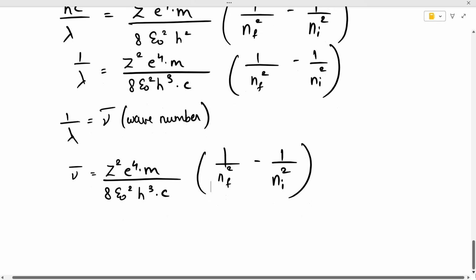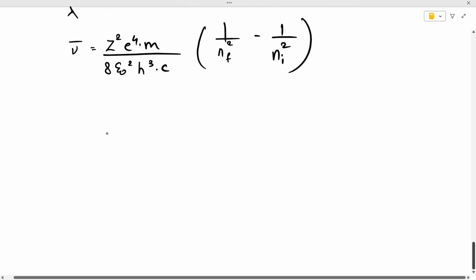Then this thing, Z square e raised to 4 times m upon 8 epsilon naught square h cube c, is known as the Rydberg constant.